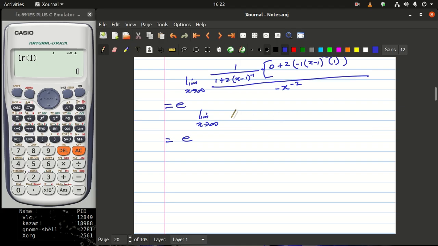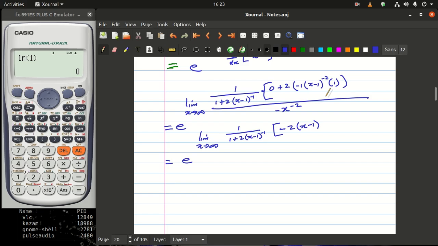So we will end up having 1 over 1 plus 2 times x minus 1 raised to minus 1, and then inside, this is 0 plus this, so we'll end up having minus 2 times x minus 1 raised to minus 2. So that we get what we are getting in the numerator, and then in the denominator we're still having minus x raised to minus 2.